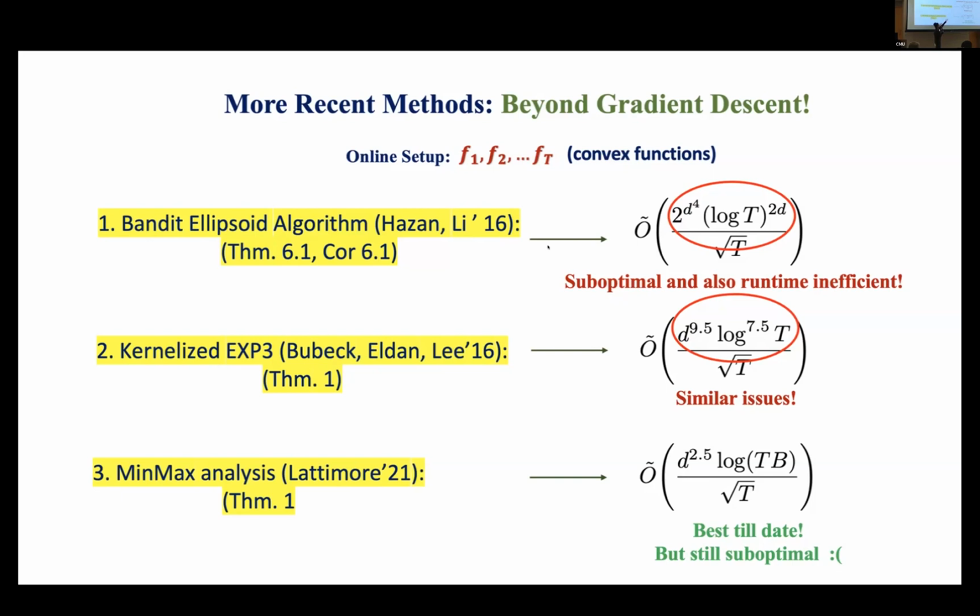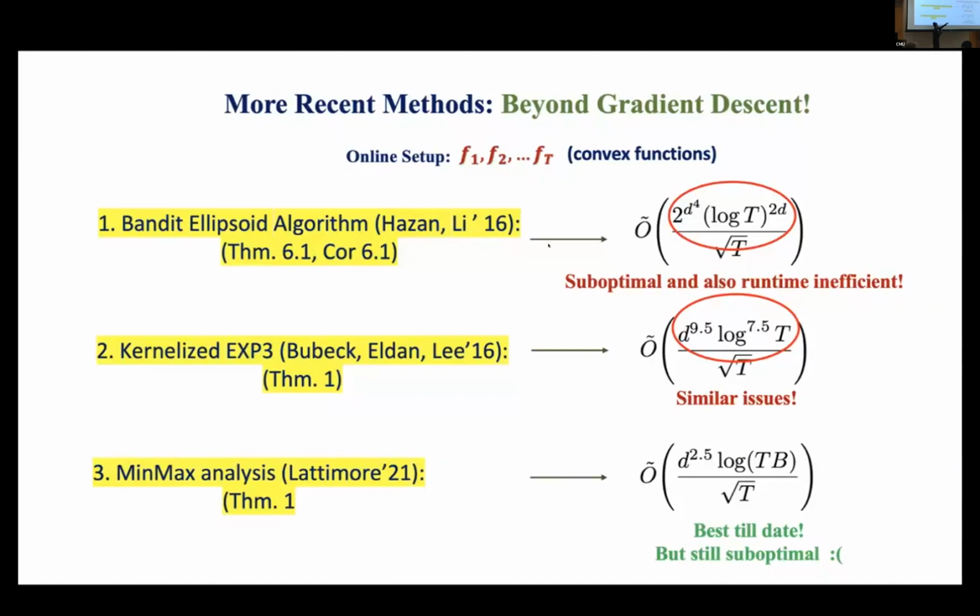They all tried coming up with a 1 by square root of T kind of rate for an online sequence of convex functions. But it turns out that the dependency on the dimension in each of these rates is quite bad. The last algorithm is so far the best rate available, but I think it is like an existential proof that such an algorithm might exist. I'm not very sure if the algorithm is actually there for this.